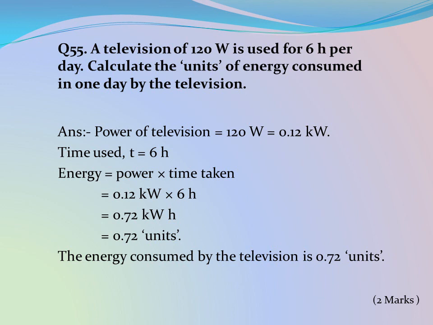Energy equals power into time taken equals 0.12 kilowatt into 6 hours equals 0.72 kilowatt hour equals 0.72 units. The energy consumed by the television is 0.72 units.